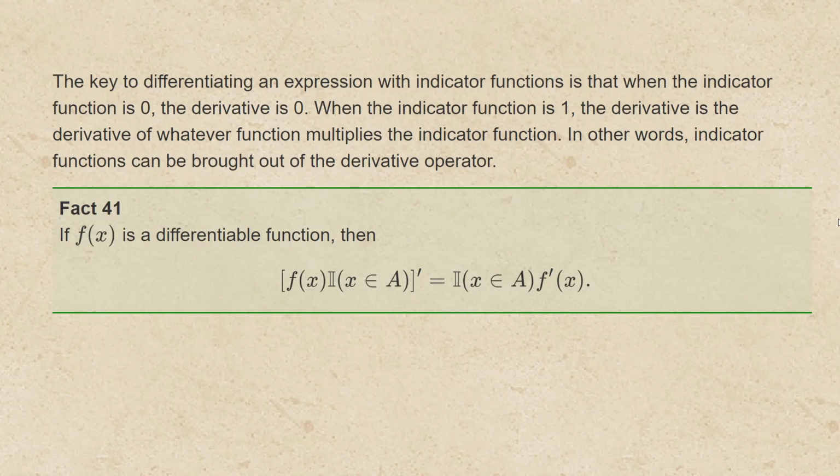And when the indicator function is 1, the derivative is just the derivative of whatever function multiplies the indicator function. In other words, indicator functions can be brought out of the derivative operator. If f of x is a differentiable function, then the derivative of the quantity f of x times the indicator that x is in a is just the indicator that x is in a times the derivative of f.